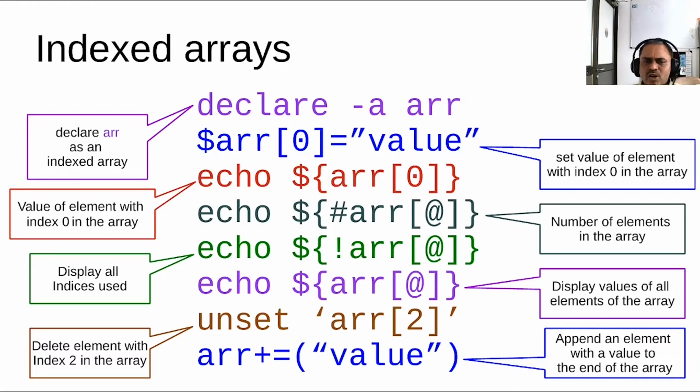And you can actually knock off any specific element in the array by providing its index value to the unset command. And you can also append an element to the array by using the syntax similar to the C language. So plus is equal to would actually append the value at the end of the array. And when you are appending, the index will be taken appropriately.